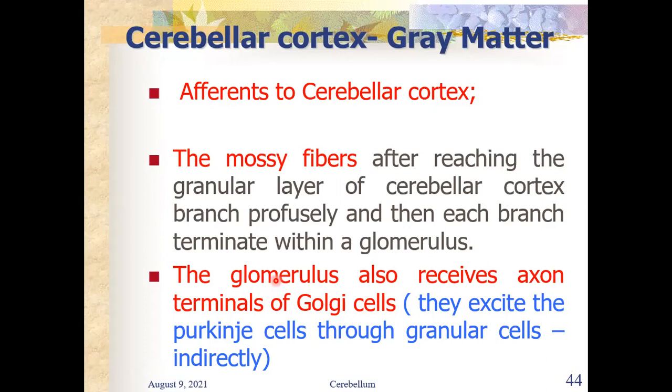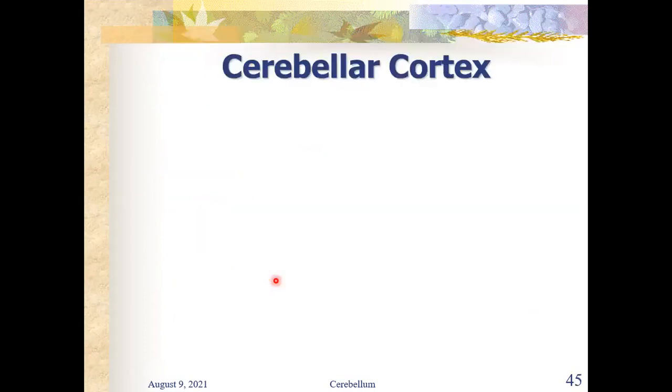Once they have a connection with the granular cells indirectly, the granular cells can in turn excite the Purkinje cells. Remember, the Purkinje cells are the main output from the cerebellar cortex via the deep cerebellar nuclei.